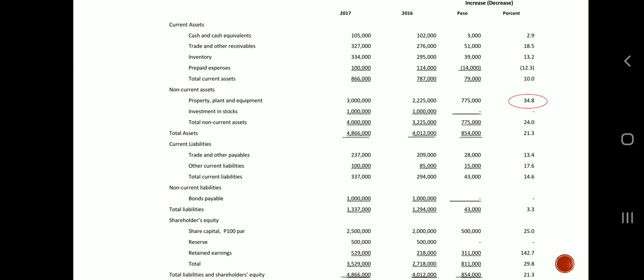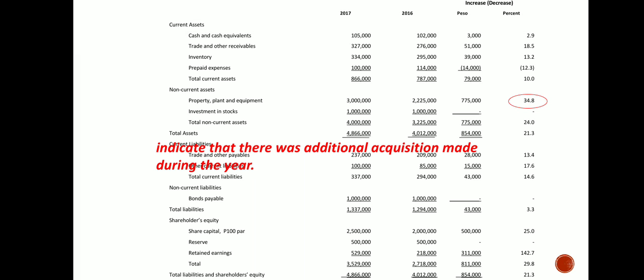Again, since we're dealing with non-current assets, that's why we have computed the absolute amount of change of property, plant, and equipment. So again, the property, plant, and equipment of Rainy Company increased by 34.8% in 2017, which could mean that Rainy Company made additional acquisitions.